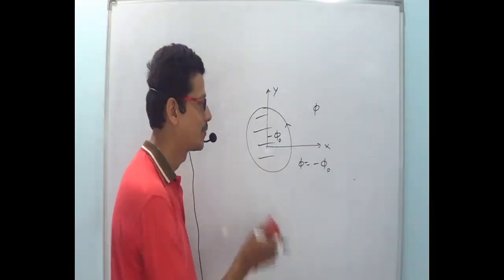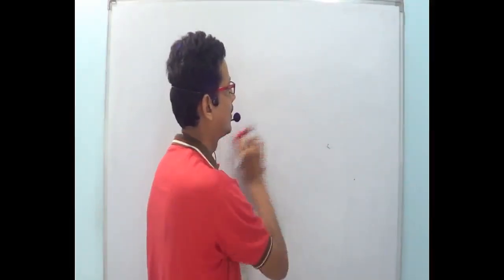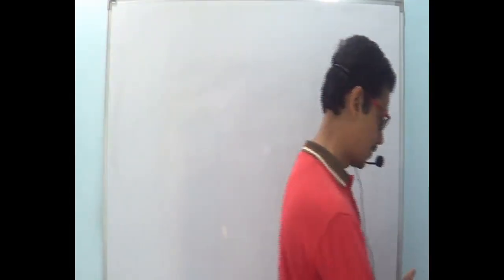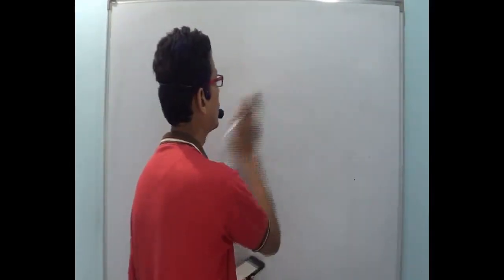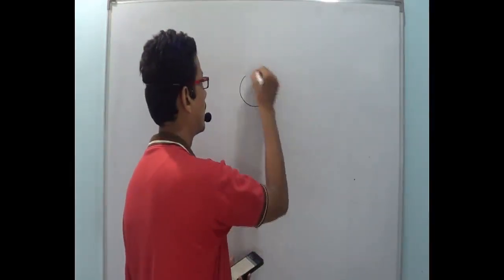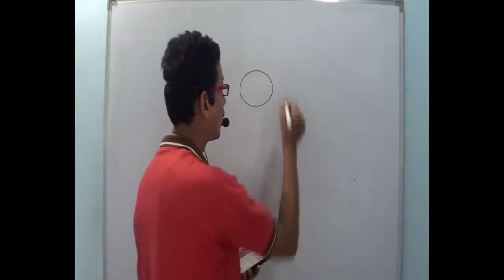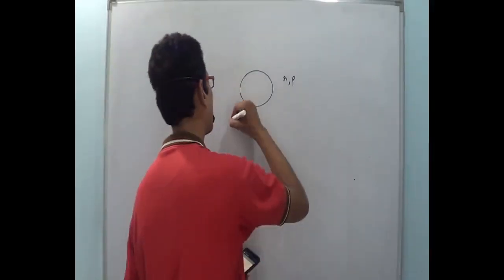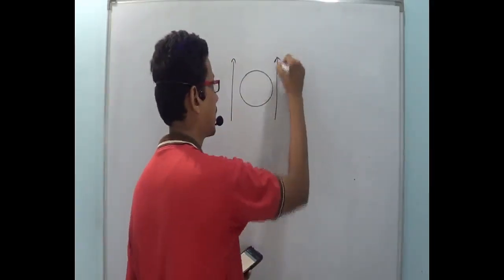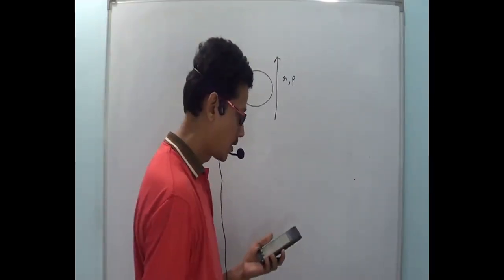Next question. Okay. Seventh question. This is a little lengthy question. There is a neutral sphere of radius r and density rho. It is placed in a uniform electric field which is directed vertically upwards.